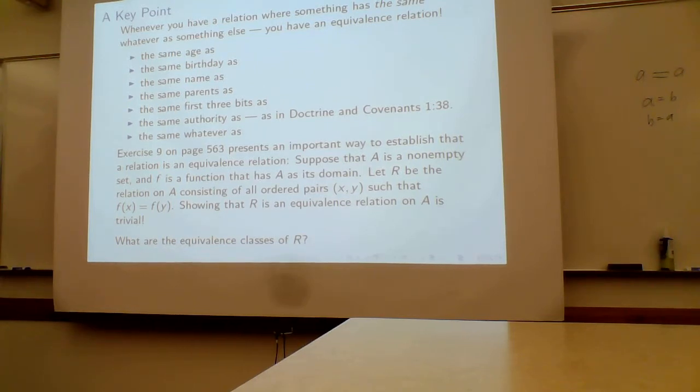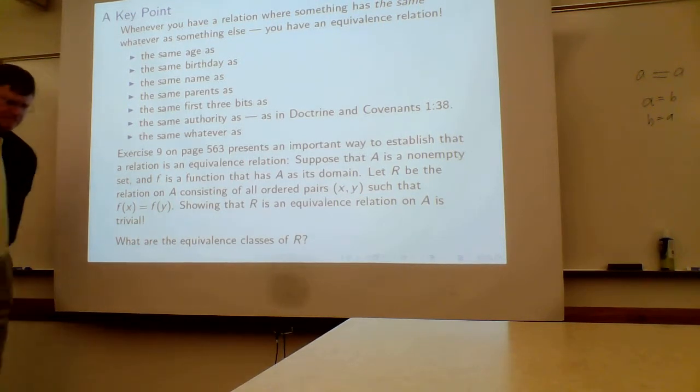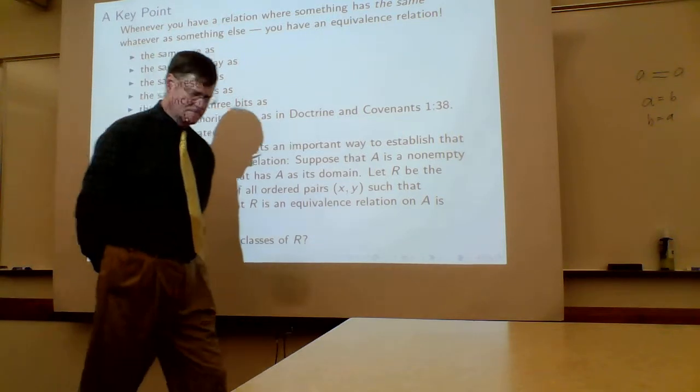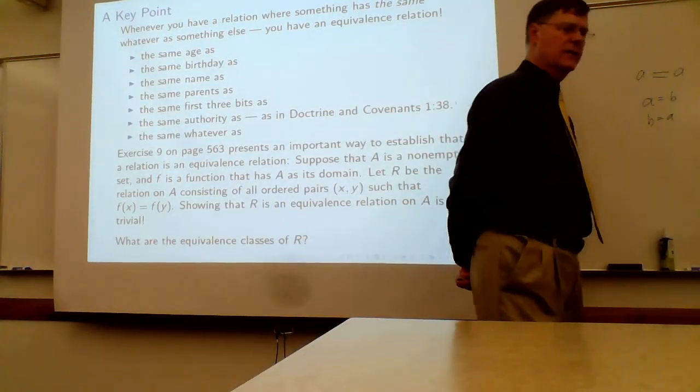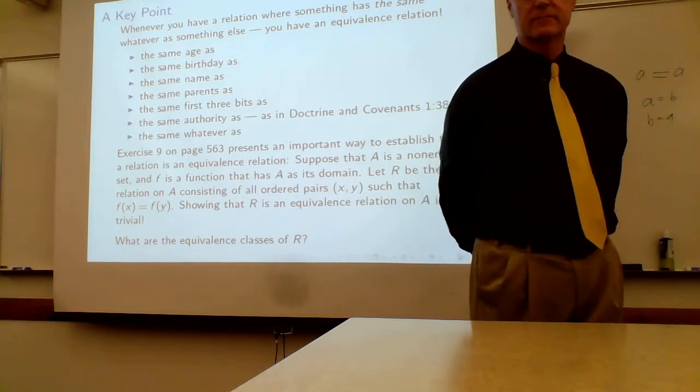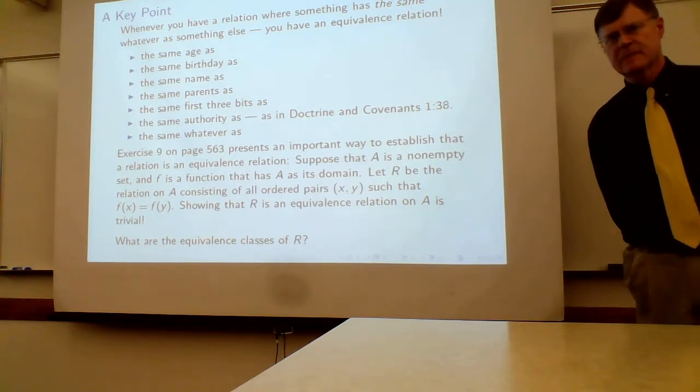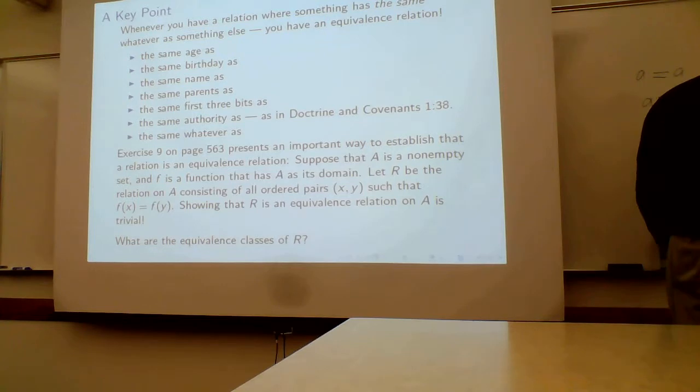So what is that called? It's not called the codomain. The values it takes on. What is the set of things that are equivalent under this equivalence relation, in terms of the function f?